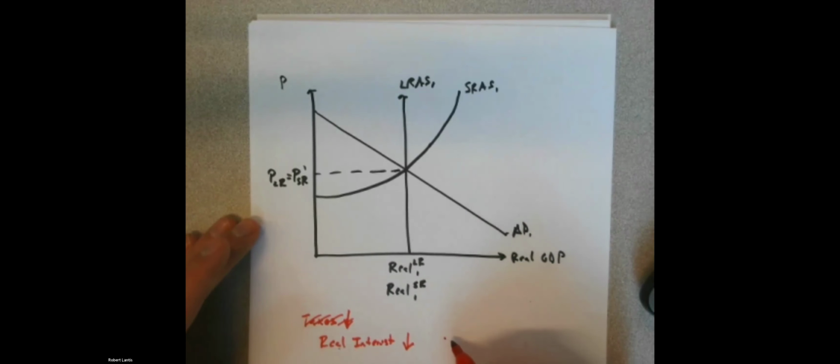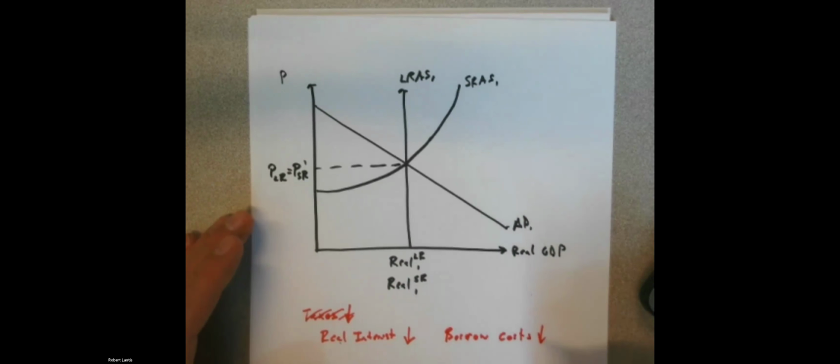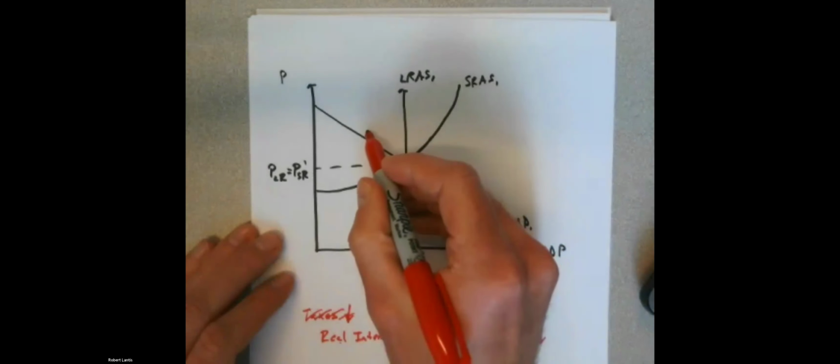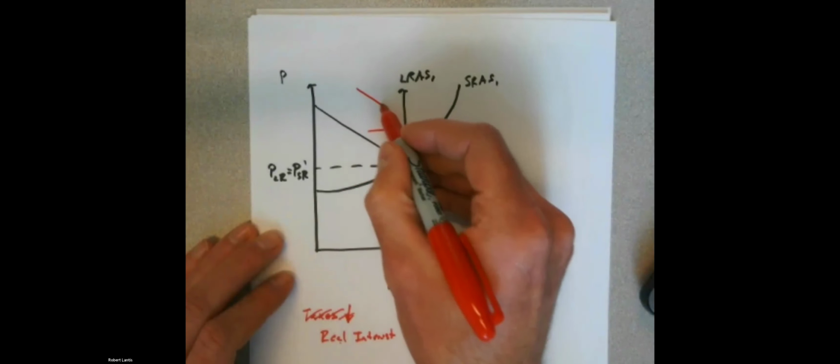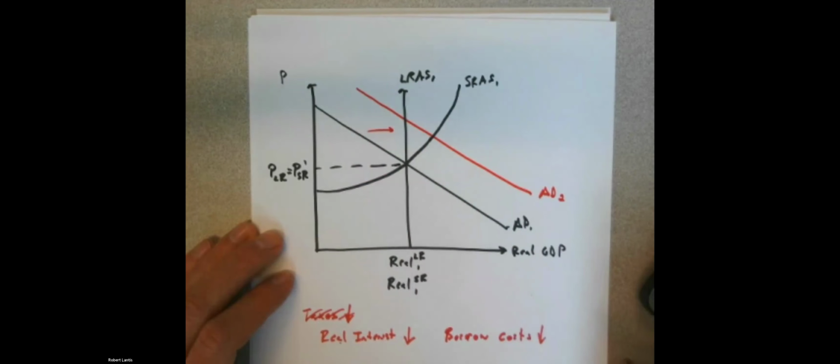That means that if I borrow money, the costs of borrowing have gone down, right? Or if I have a loan, the total amount I'm paying goes down, which means I have more money left to spend on other products or increase my expenditures. So this would cause an increase in my aggregate demand curve, or a shift to the right.